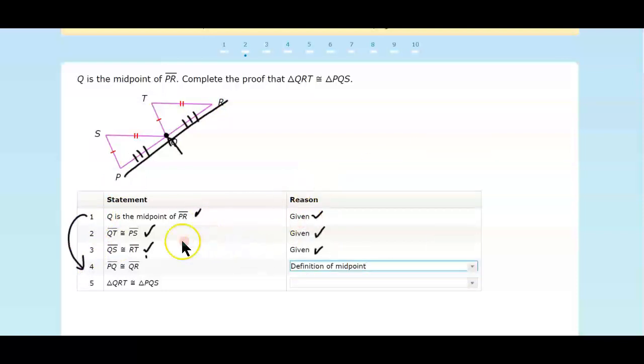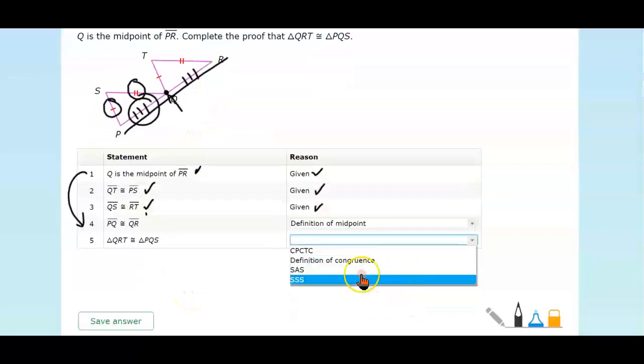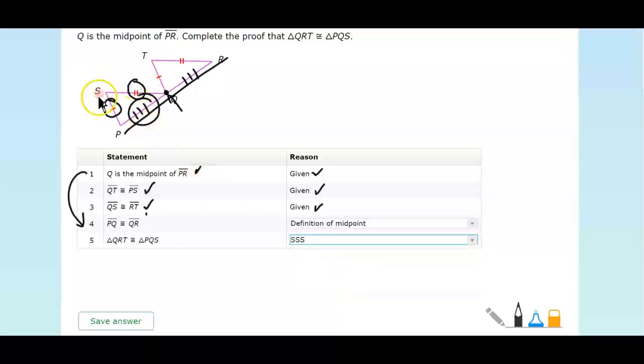So my triangles are congruent. I know 1, 2, 3 pairs of sides. My triangles are congruent by side, side, side, because I know 3 pairs of sides. 1 pair of sides, 2 pairs of sides, 3 pairs of sides.